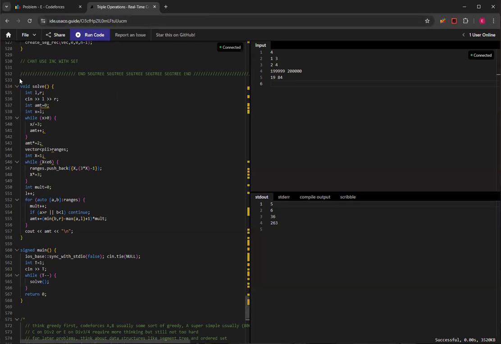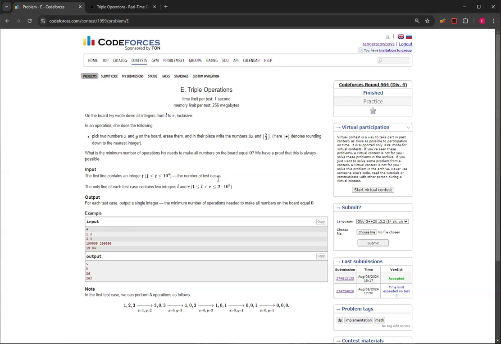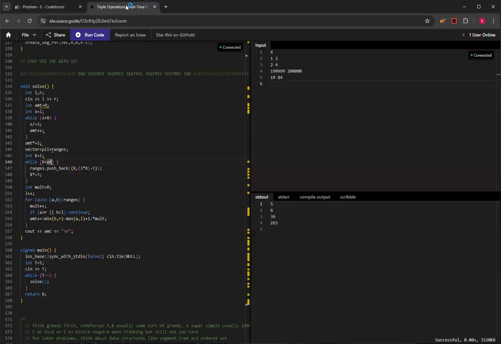First, you can just set the minimum, because the minimum is always going to be L. You see how many operations it takes to get L down to 0, and then you multiply that by 2, because multiplying by 3 and dividing by 3 cancels out, so you need to redo those operations. And then you get each of the ranges, and you can go up to 10 to the power of 6, because all numbers are within 2 times 10 to the power of 5.